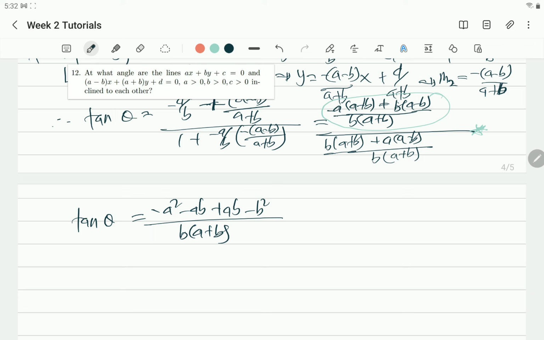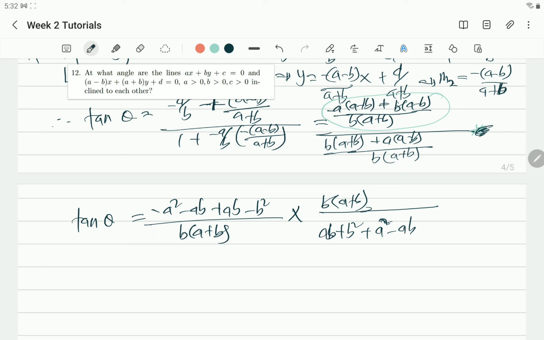And the division sign I just talked about here, I'm going to change it into multiplication. So the denominator comes first, that is b, a plus b, over the numerator, that is going to be me expanding it. So ab plus b squared plus a squared minus ab, right?